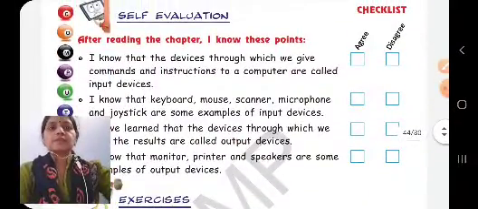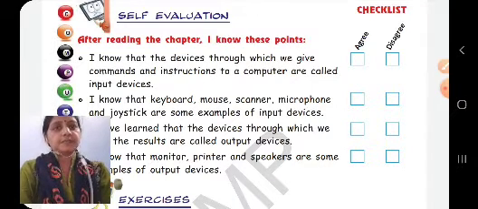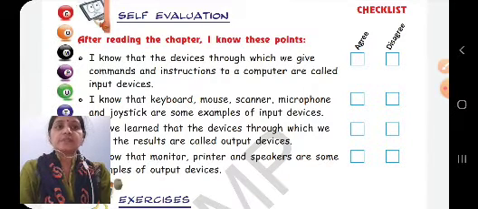So children, firstly, self-evaluation. These are the points which we have studied from the chapter, and we will read it and say whether we agree or disagree. So children, first point is, I know that the devices through which we give instruction and command to the computer are called input devices.